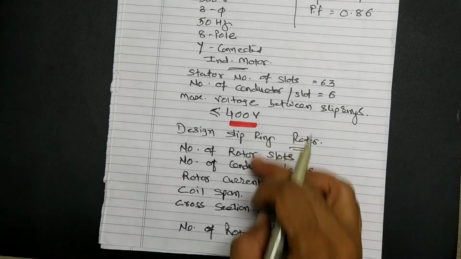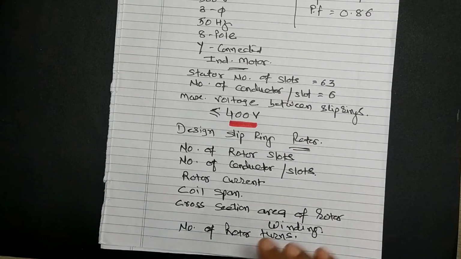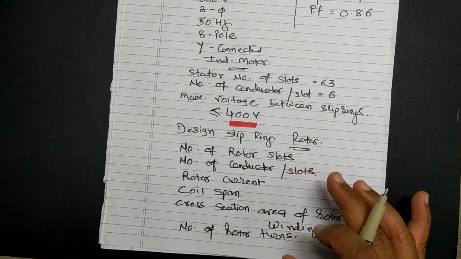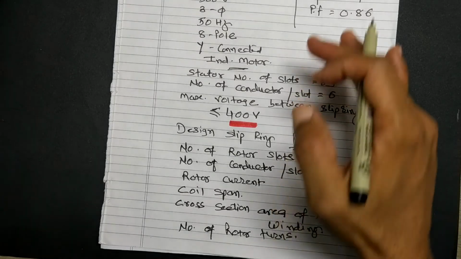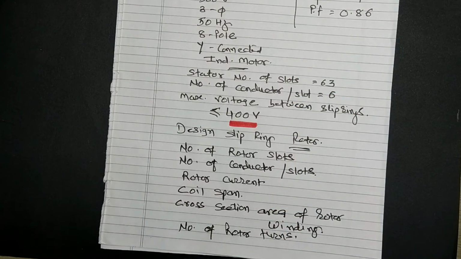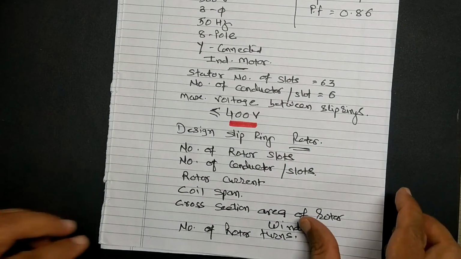So this much we have to find for a slip ring rotor based on the data which is given. Let us do it one by one, step by step, and then we'll solve our numerical.